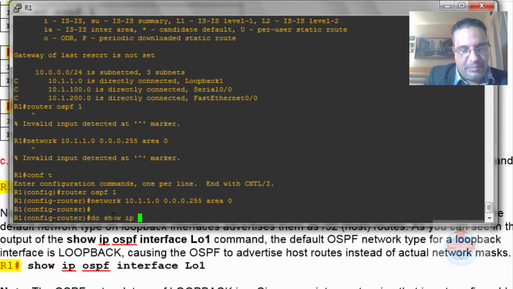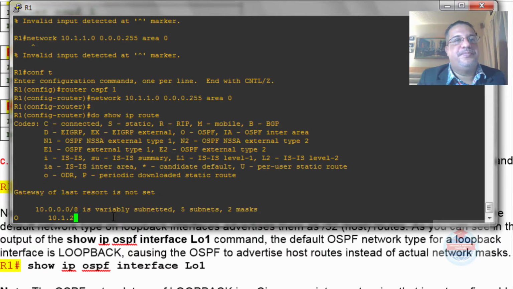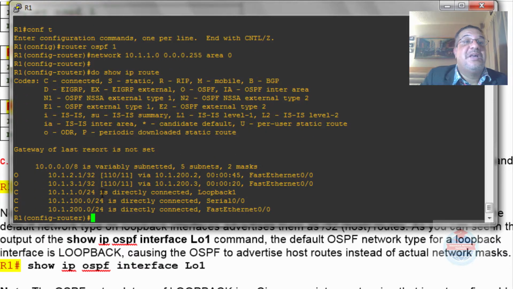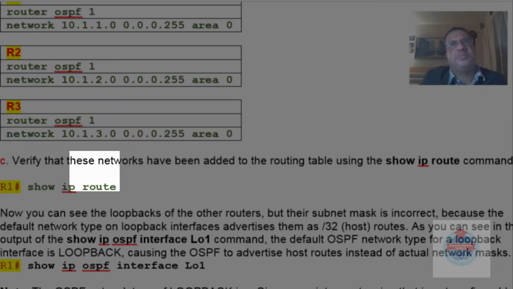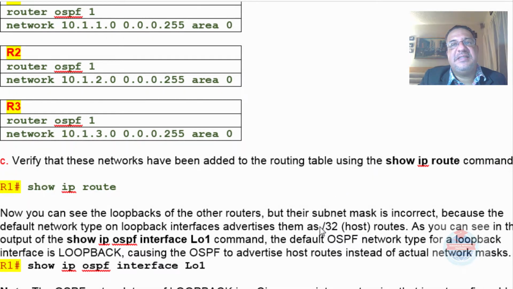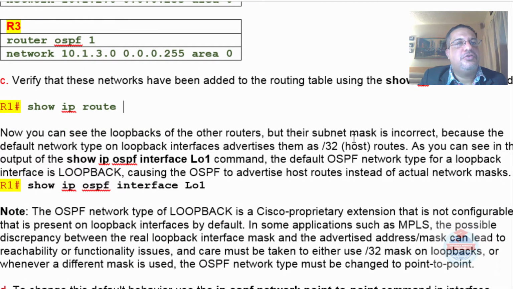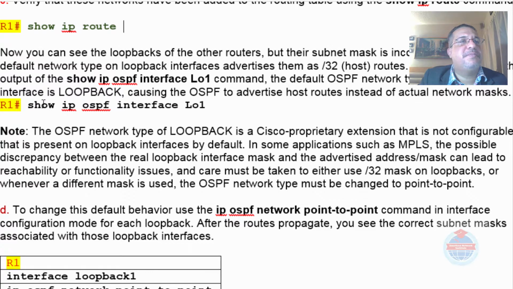Show IP route. /32. Why, guys? Why is it showing a /32 over here? So this is advertising a host route instead of the network mask. So let's double check this right away.